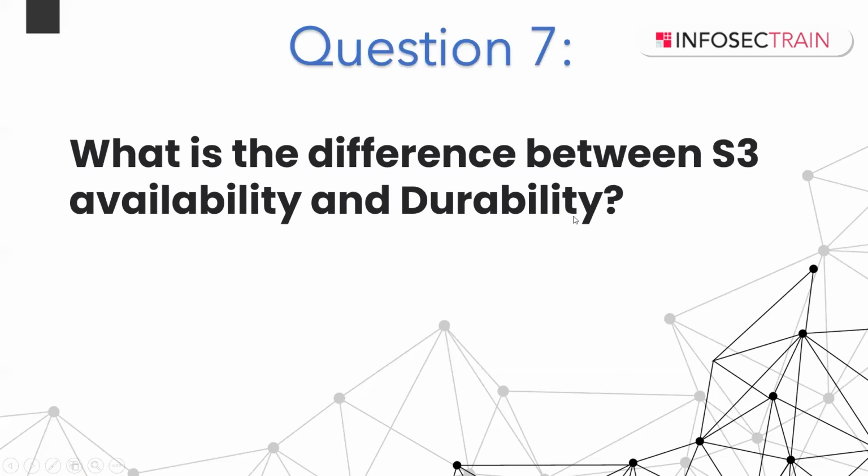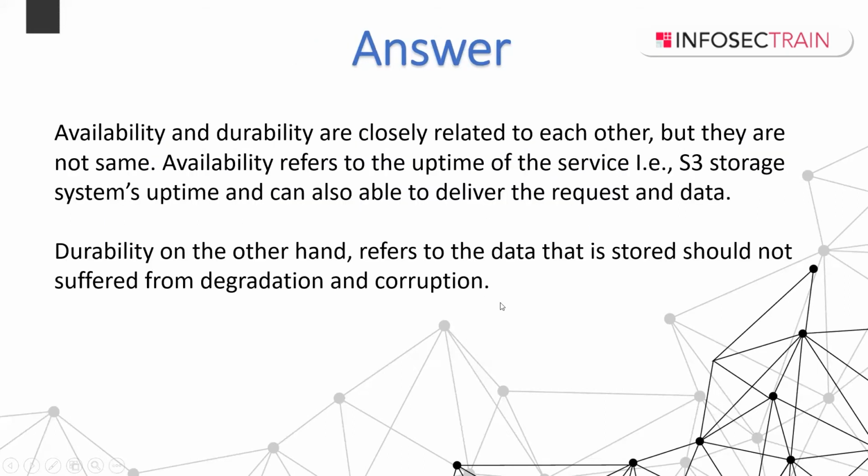Now moving on to the next question. What is the difference between S3 availability and durability? Availability and durability are closely related to each other, but they are not the same. Availability refers to the uptime of a service, that is S3 storage system uptime, and being able to deliver the request and data.